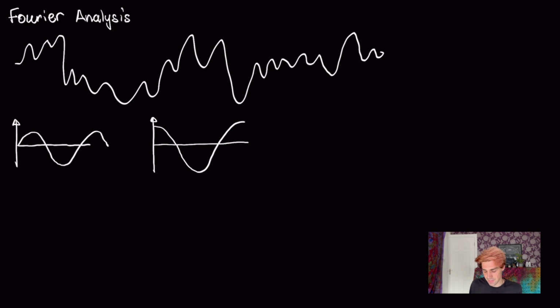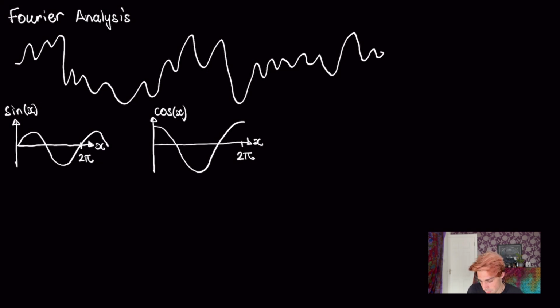Now, of course, when we're dealing with sine and cosine and tan and all other trigonometric functions, we want to work in radians. So we say that one full period is 2 pi radians. So this is cosine of our variable x, and this is sine of our variable x. And essentially, we can write this giant messy wave in terms of a summation of sine and cosine functions.